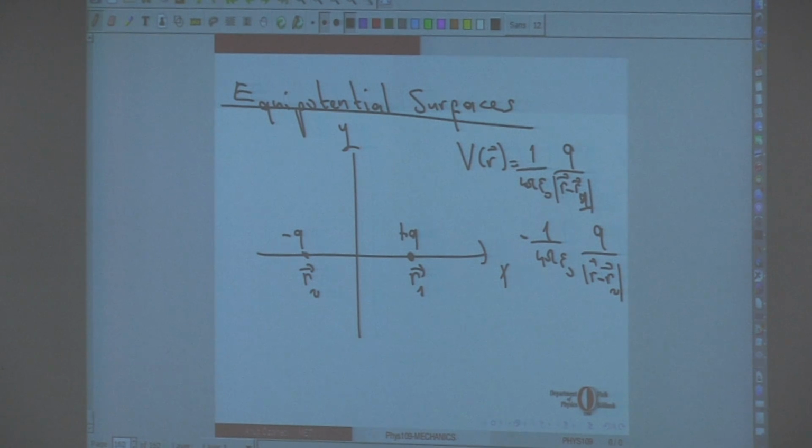Now, if you just fix one value of the potential, let's say you want to find all the points that have V equal to V0, some value. All the points that have the same value.